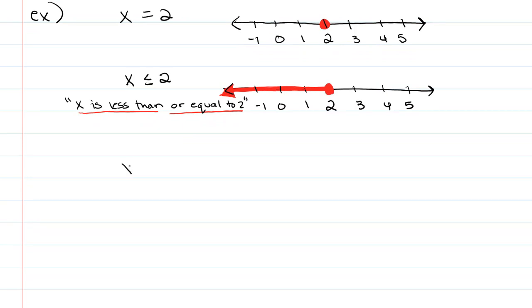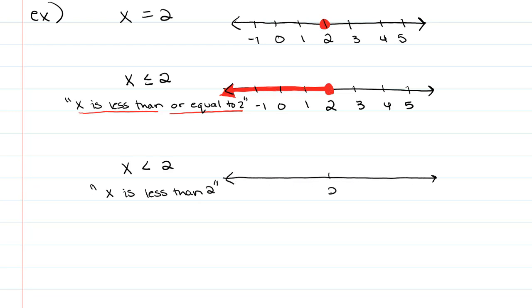Similar to that is x is less than 2. I'm going to use the same number line. This time I still need to include my endpoint of 2, but this is what we call an open circle, whereas the or equal to part was a closed circle.